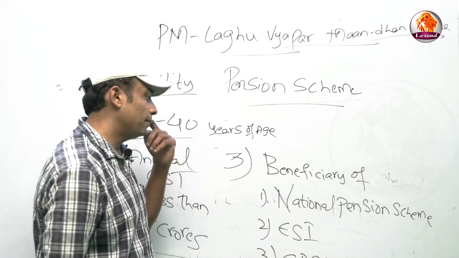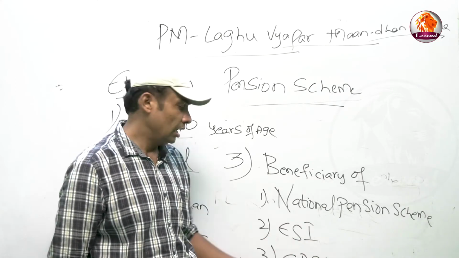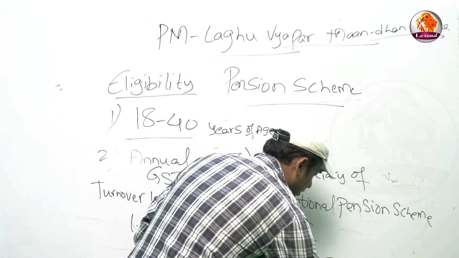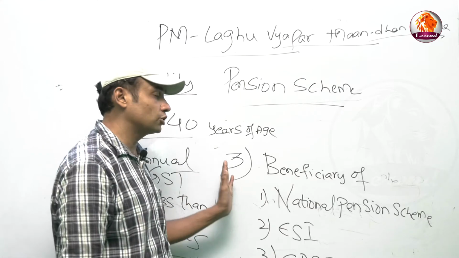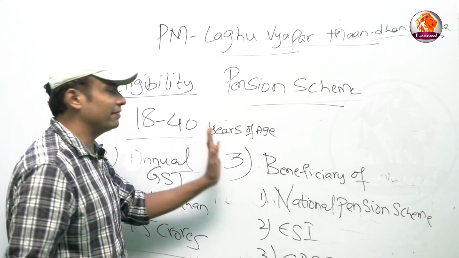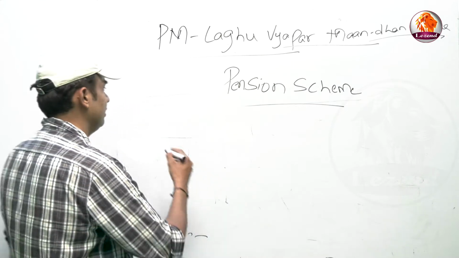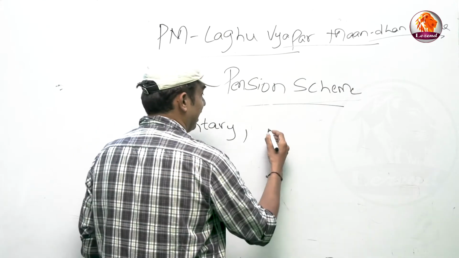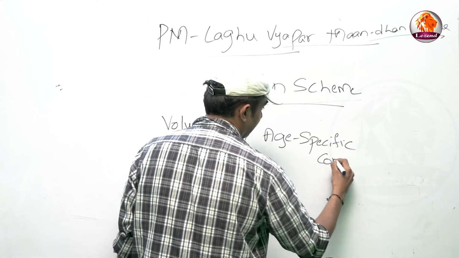They should not be a beneficiary of any of them. Then they will be eligible for this pension scheme. It's basically a voluntary, age-specific contribution scheme.